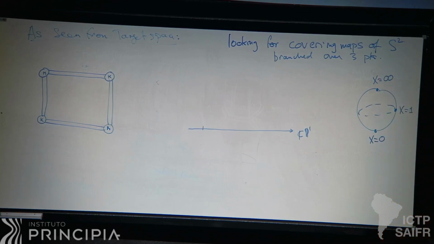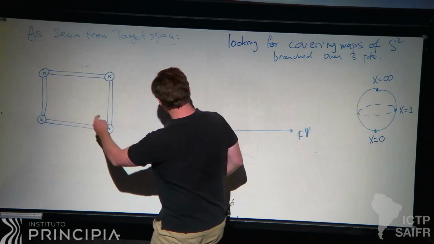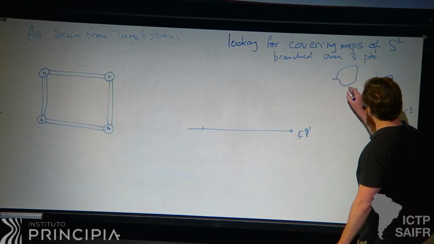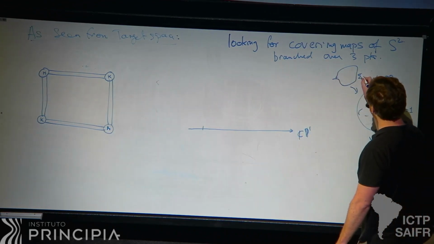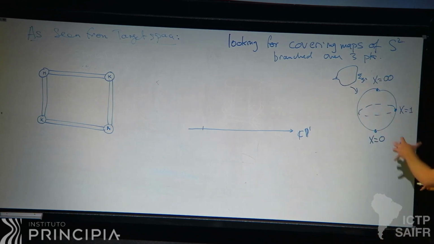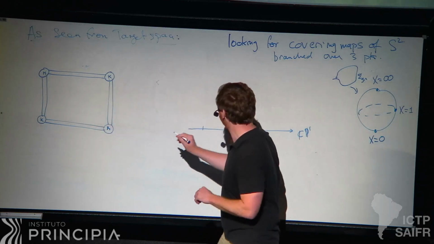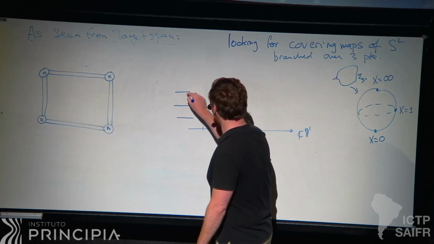So x are the target space coordinates, like the AdS coordinates. And this string theory is going to be a world sheet that wraps this sphere. So this is our world sheet, and it's going to wrap this sphere. How many times? 4 times, as many times as there are edges of the diagram. So it's going to be otherwise unramified.